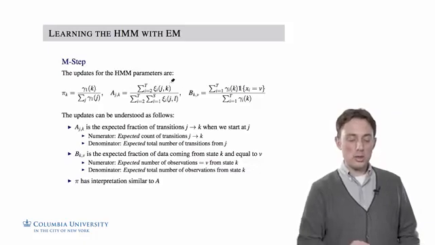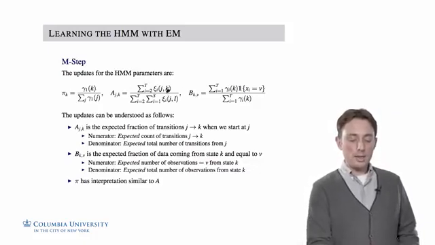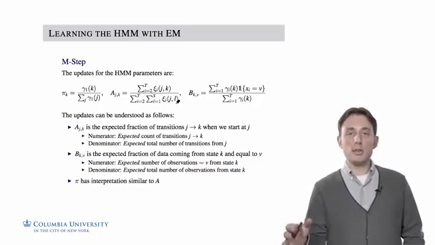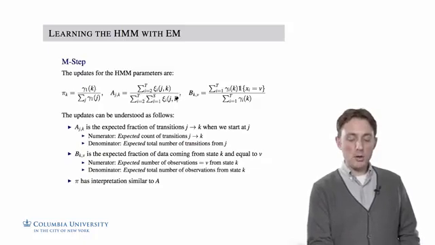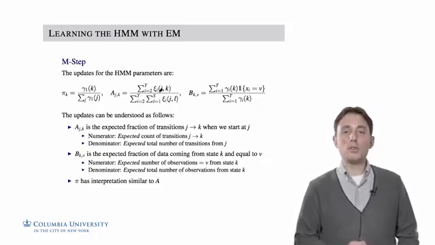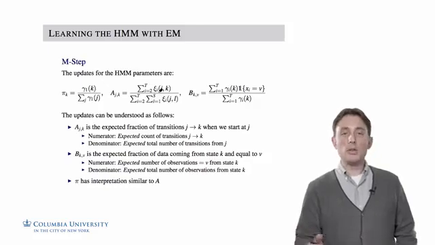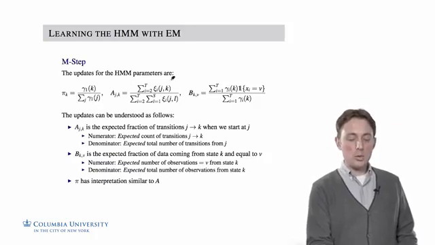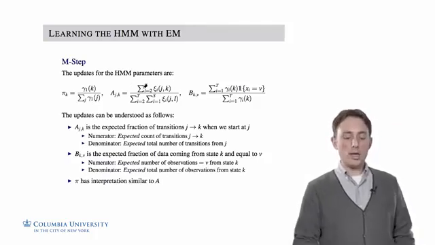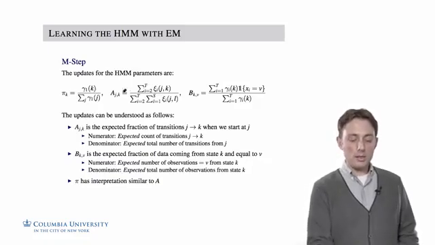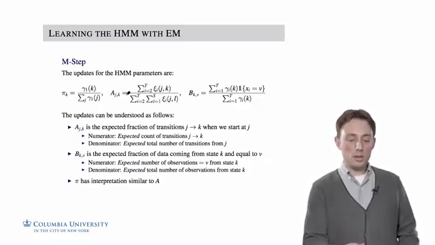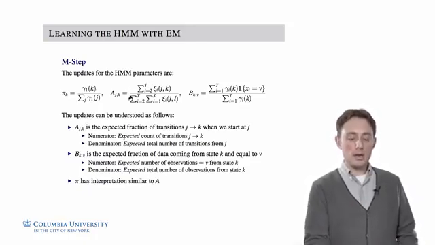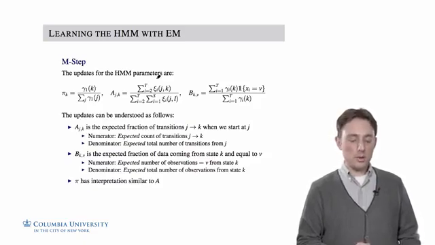In the denominator, we sum over all of the expected transitions from state j to any other state. We pick a state l, sum the expected number of transitions from state j to state l, and then sum over all possible values for l. This is simply taking the numerator and normalizing along the row. So here's the expected probability of transitioning to state k given I'm in state j, calculated from the probabilities from the forward-backward algorithm.